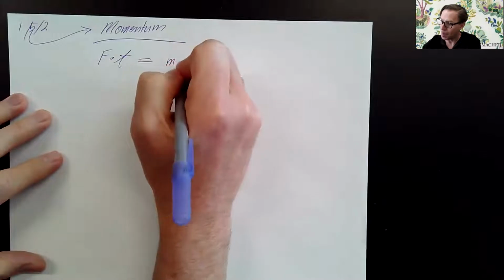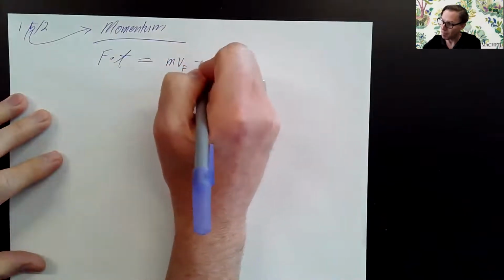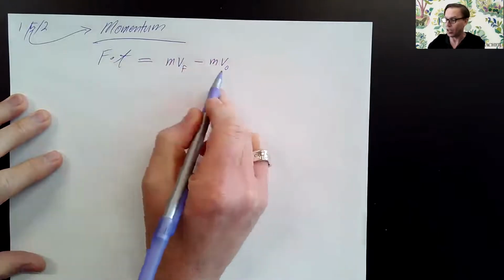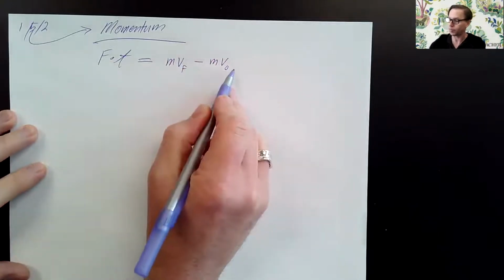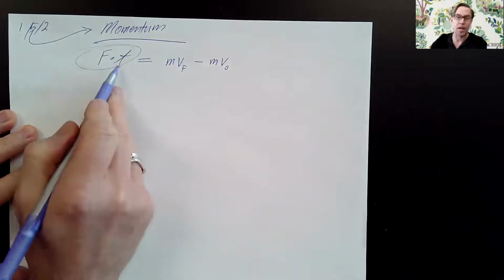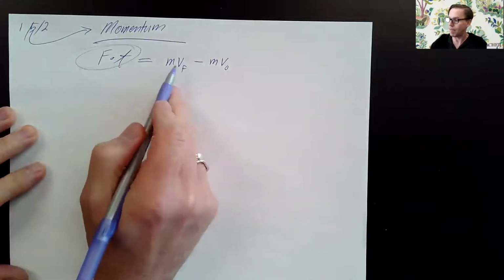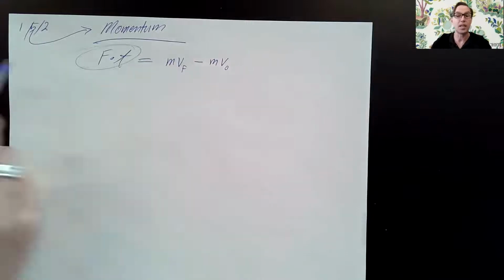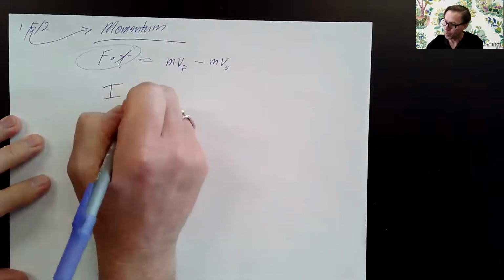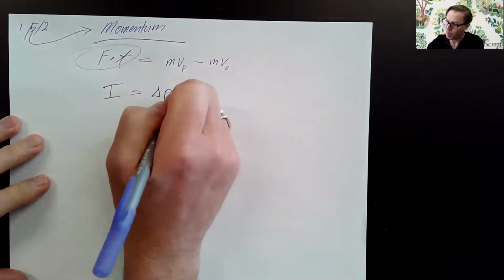So the product mv at the end minus the product mv at the beginning is the change. Change is always final minus initial. And this product, force times time, is called impulse. This product, mass times velocity, is called momentum. So a short way of saying that is impulse is equal to change in momentum.